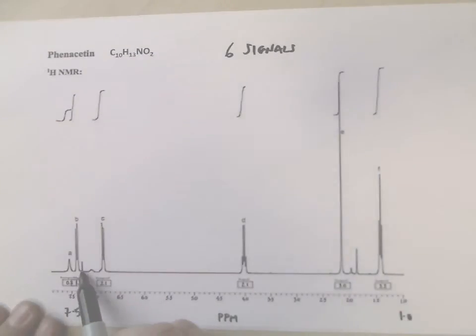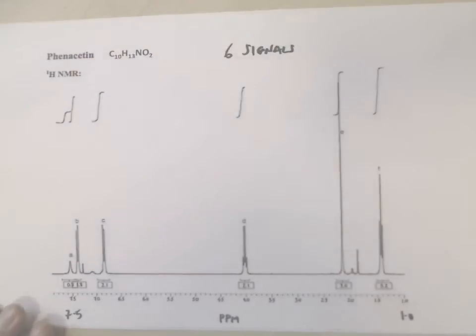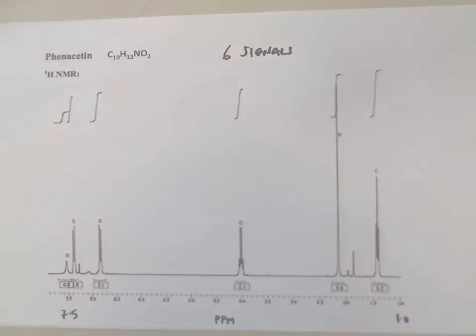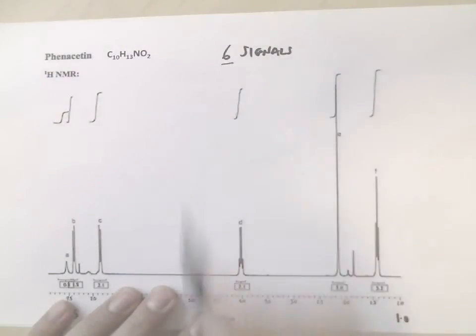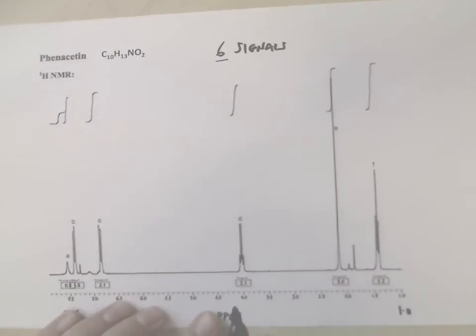We're ignoring this tiny one here, and we're ignoring these tiny two here. And we can do that confidently because they're much smaller than any other peak in the spectrum. So if we have 6 signals in this NMR, that means we have 6 different environments where a proton exists. So 6 different proton environments.